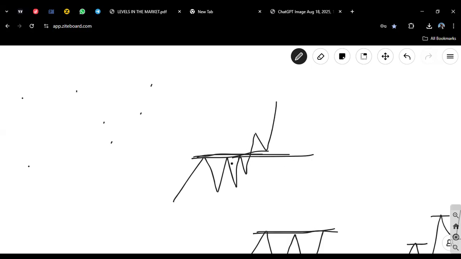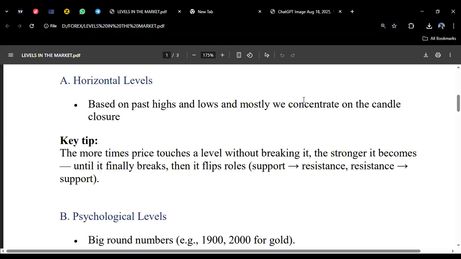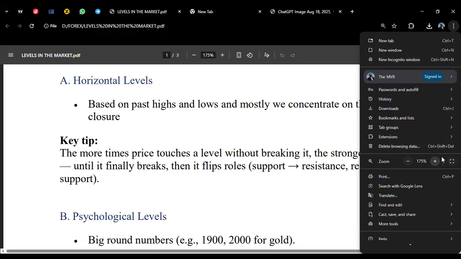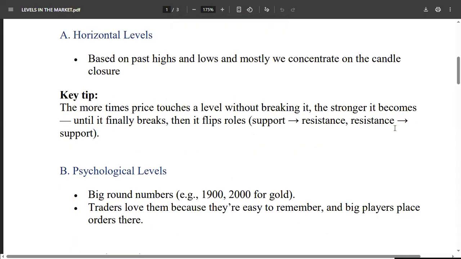The same applies when price breaks the resistance, it turns it into a support. So this is horizontal levels.